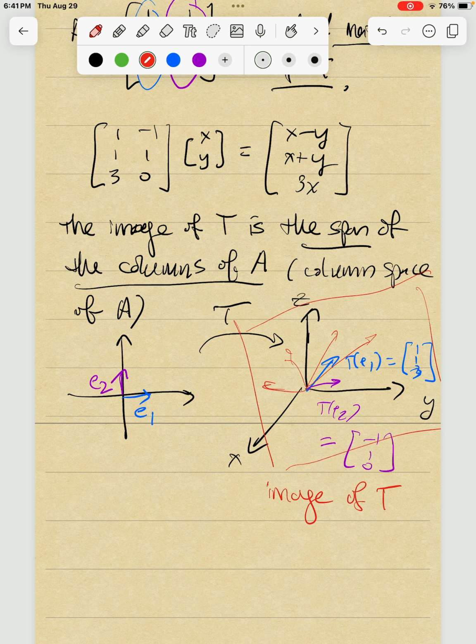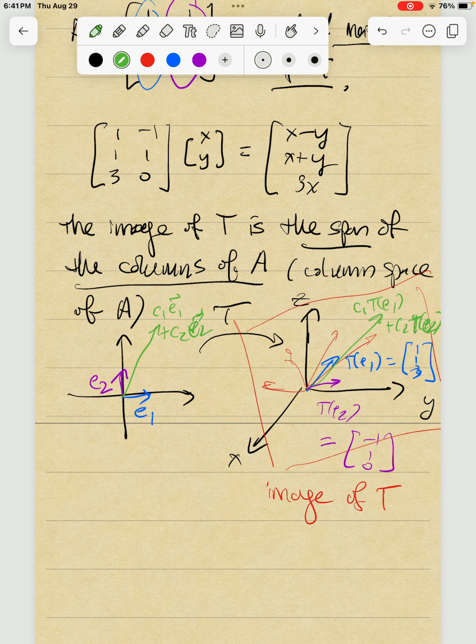And that's because any element of the domain is a linear combination. Like any vector in R2 has the form C1 E1 plus C2 E2, and by the linearity of T, that corresponding output will be C1 T of E1 plus C2 T of E2.